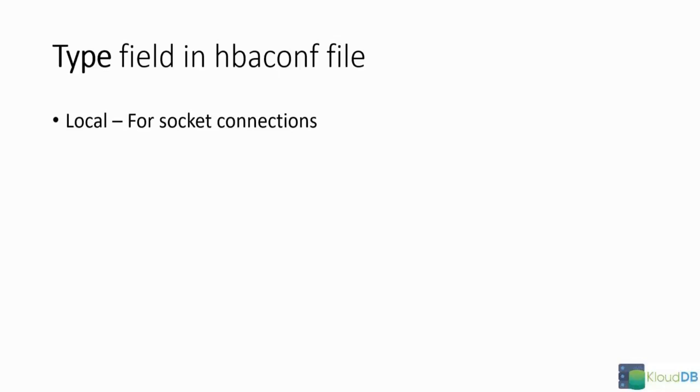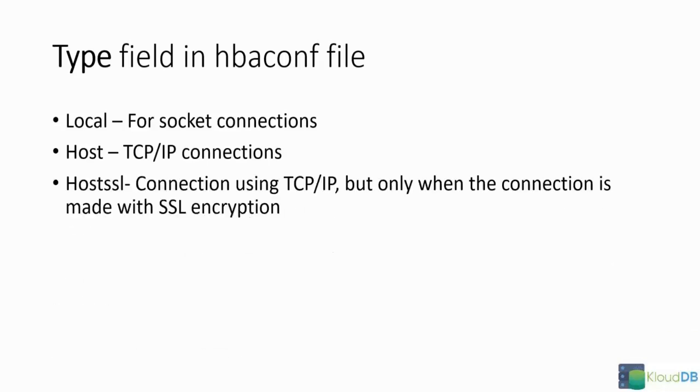The type field, what local means. In the type field, if somebody specifies local, it means socket connection, or if somebody specifies host, it's for TCP/IP connections. And then you can also specify hostssl, which means the connection is using TCP/IP, but only when the connection is made with SSL encryption.